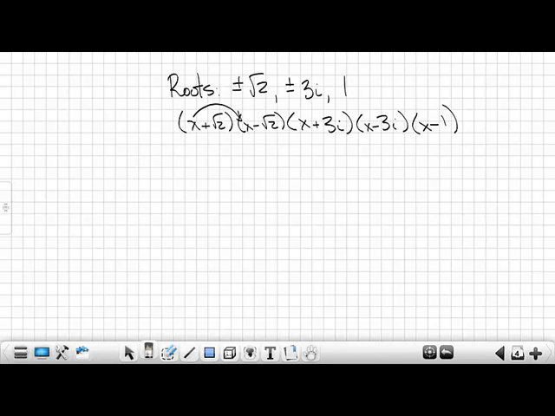Okay? X times x is x squared. X times negative square root 2. Positive square root 2 times x. Guys, square root 2 times negative square root 2. I need everybody to think about this and believe it when the answer is given. Positive square root 2 times negative square root 2.